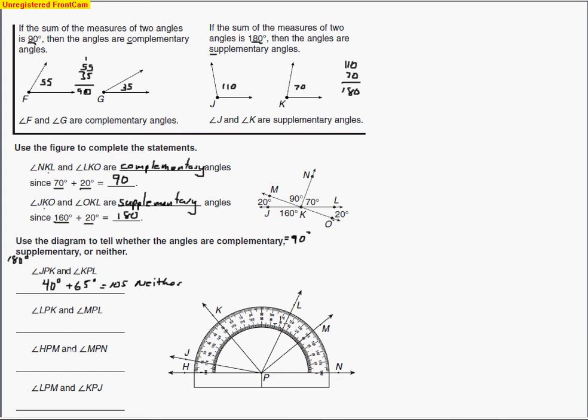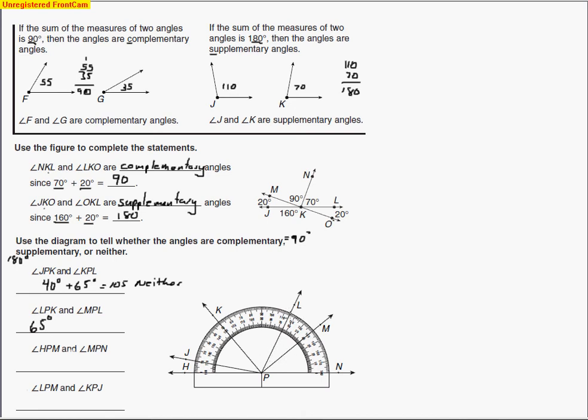LPM, so let's take a look at that one. LP to K is right here. Actually, that's the same as KPL that we just did, 65 degrees. And MPL, MP to L, is just this little section right in here.